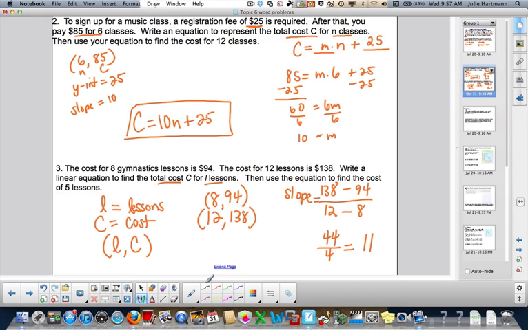Okay, so now that we have slope of 11, pick one of your points, doesn't matter which one. If you use x and y there, we're going to plug in to y equals mx plus b. Okay, that means we have 94 equals 11 times 8 plus b. 11 times 8 is 88.